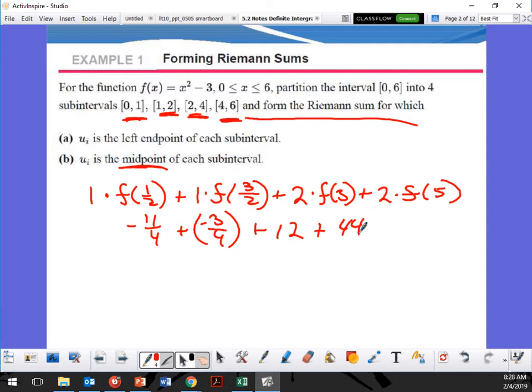All right, add those bad boys together. I'm going to come up with 14 over 4. Everybody lost fraction.